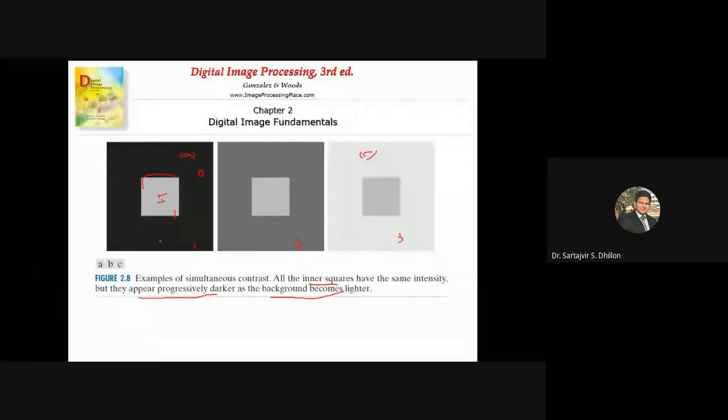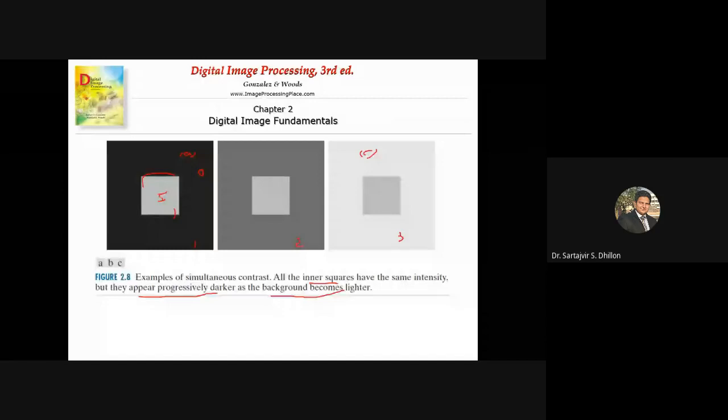Once we change the outer part, the center portion looks darker in figure 3 as compared to figure 1.